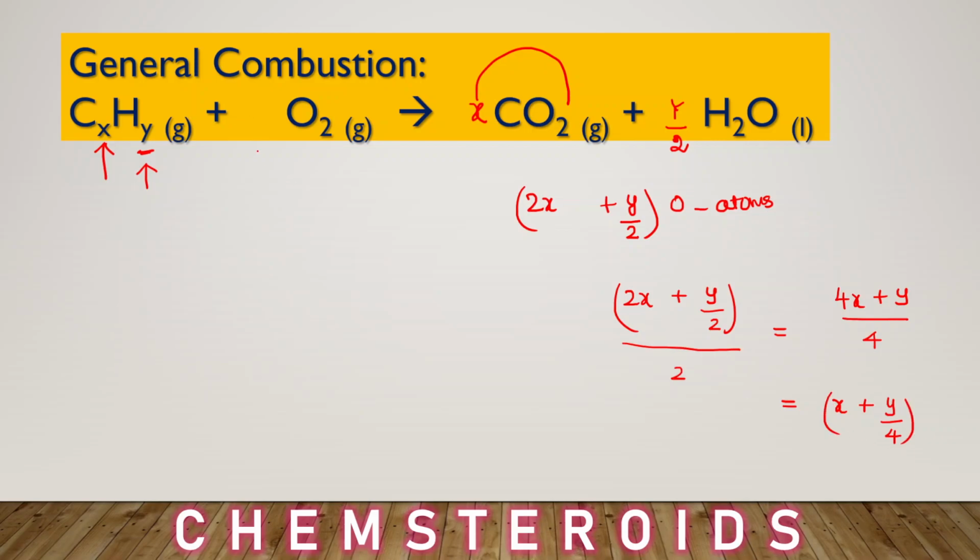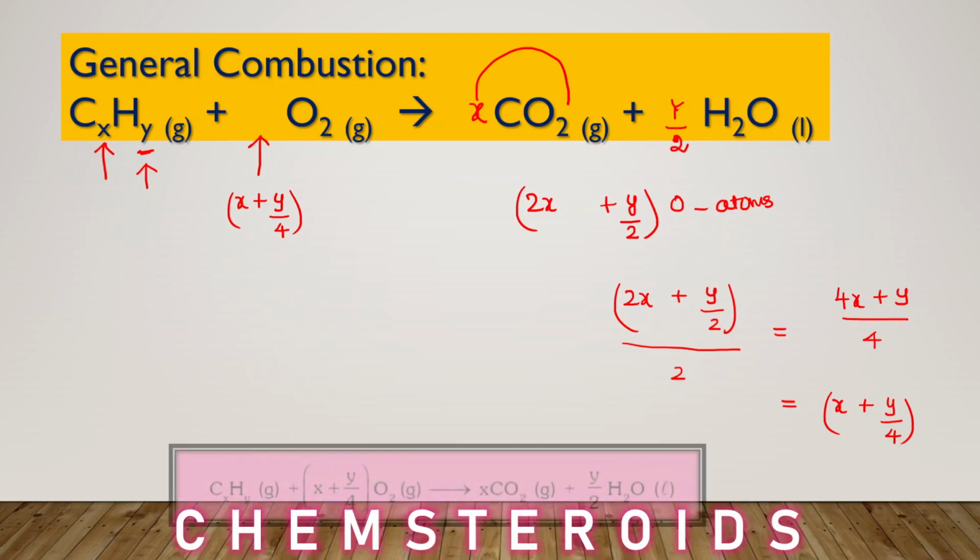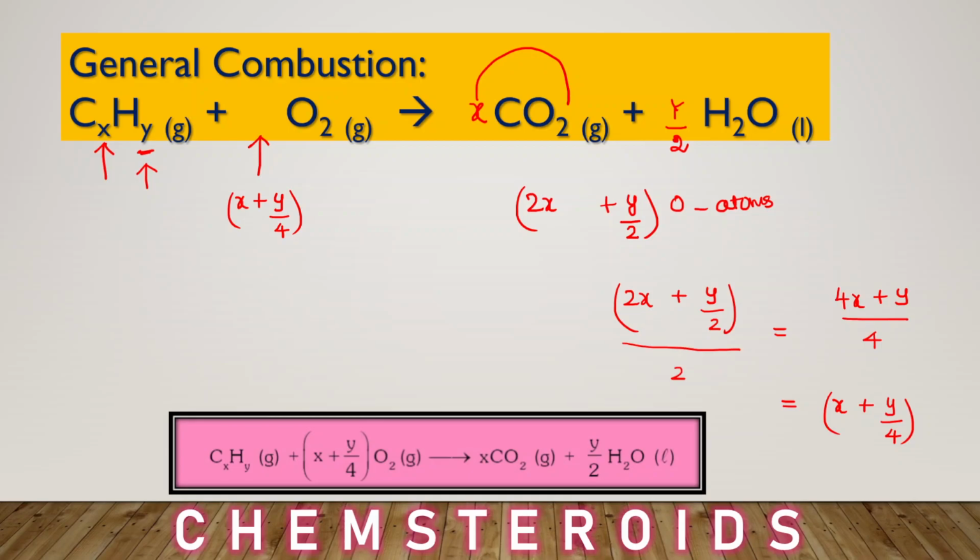This is the stoichiometric coefficient, X plus Y by 4. So the balanced equation can be represented in this fashion: CxHy, X plus Y by 4 is the stoichiometric coefficient for oxygen, giving rise to X CO2 and Y by 2 H2O.